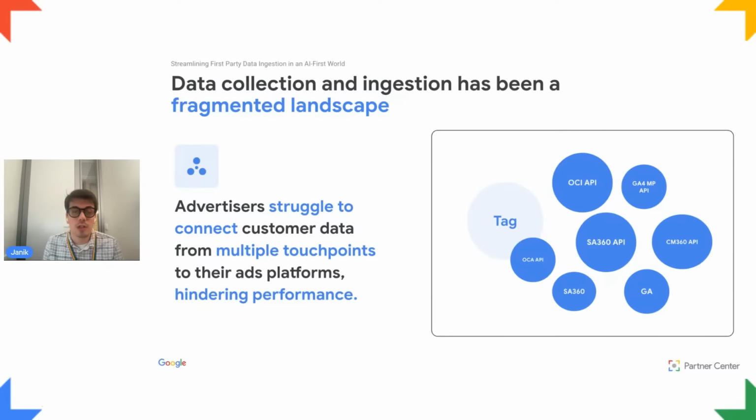So even in Google, we have a lot of different APIs, a lot of different tools, and it's sometimes quite a struggle to actually get all of this data into one single tool or different tools, which can really hinder ads performance, because if you're not getting the same data in each tool, that means you're comparing different things. And that's what we really want to make easier for you. So we actually want to bring it all together, making it as easy as possible for you to bring all of your data into our different tools in Google.